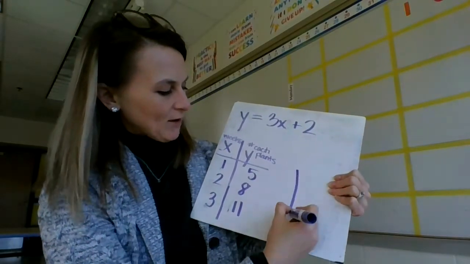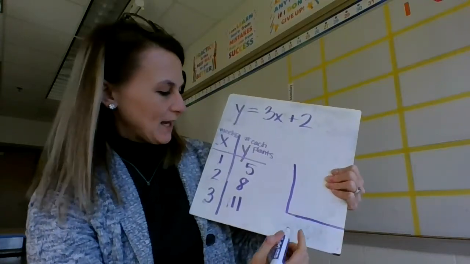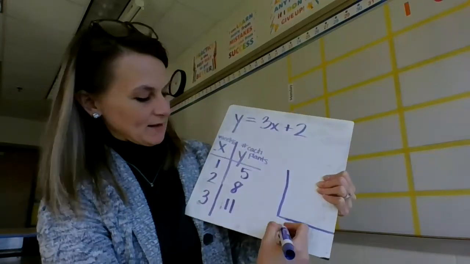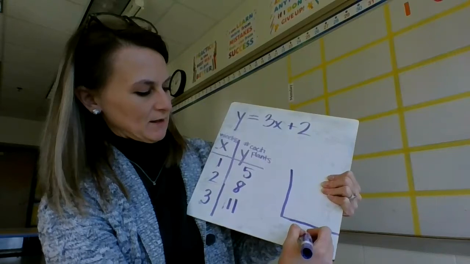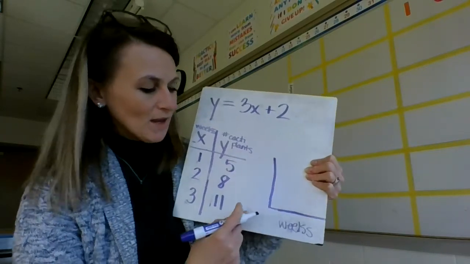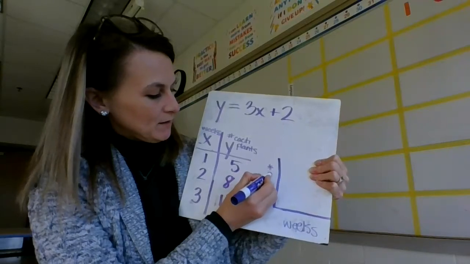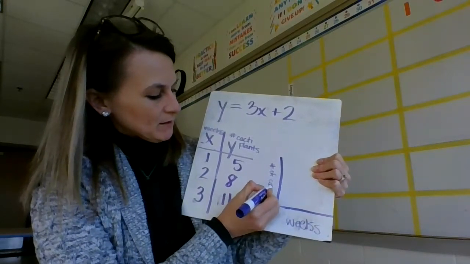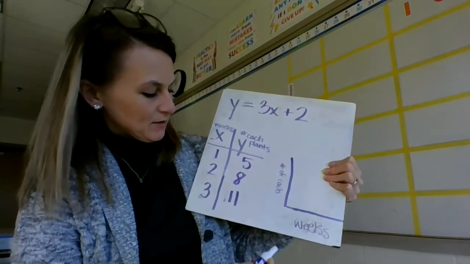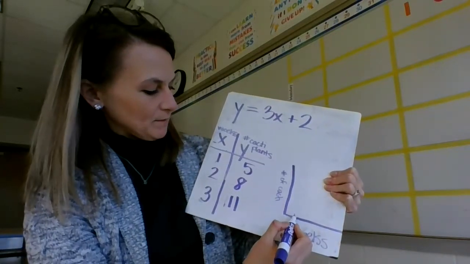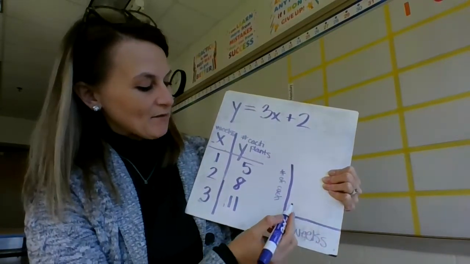So if I try to graph it, okay, down here I'm going to have my x-axis, and that's the number of weeks that have gone by. And over here for my y-axis, that's going to be the number of cacti plants. Okay, so after just 1 week, it said that he's going to have 5.